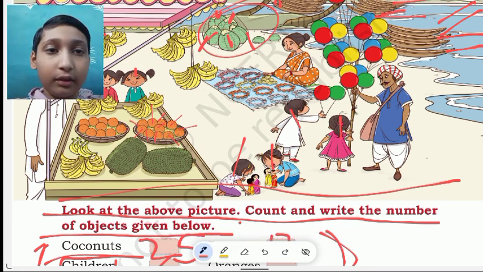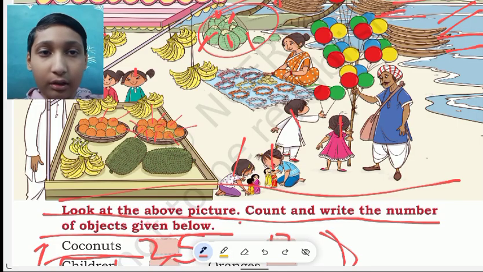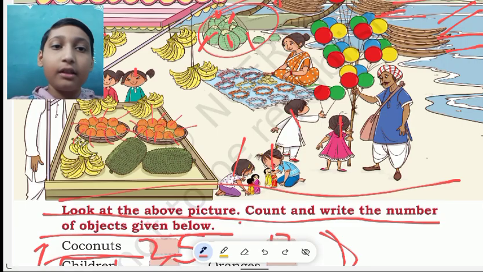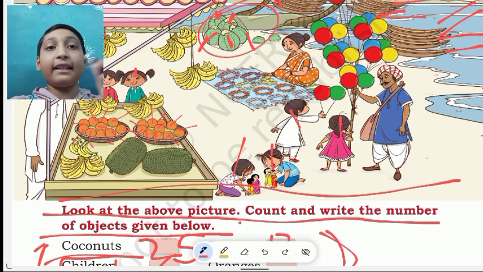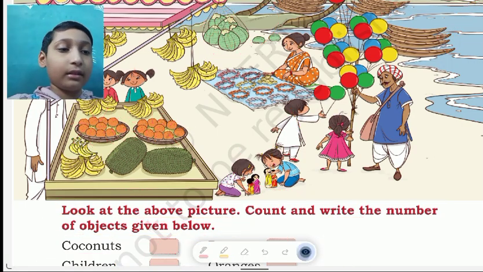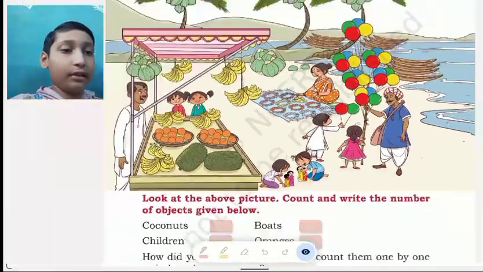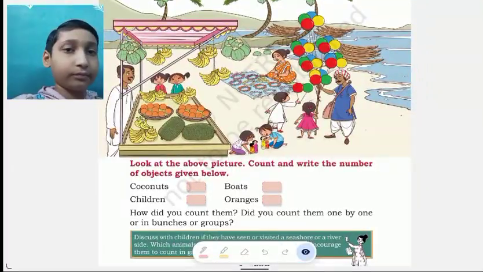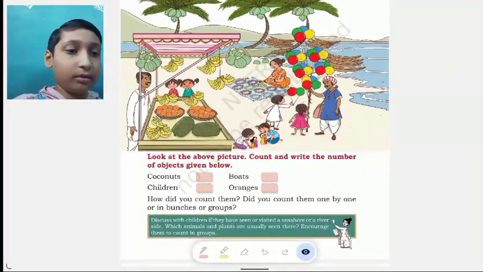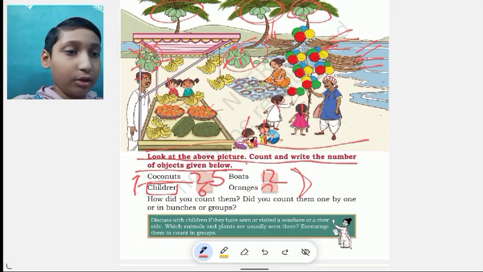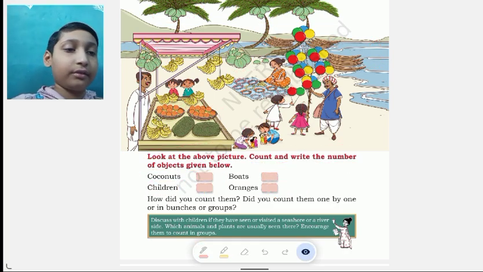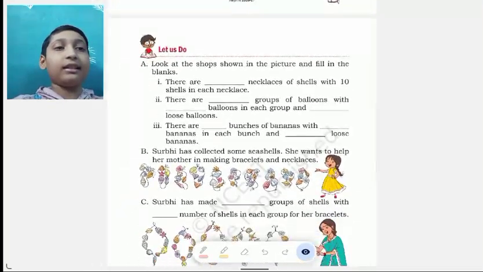Then we got here 1, 2, 3, 4, 5, 6, 7, 8, 9, 10. We got 10 oranges in each basket. So meaning we got 20 oranges. So okay. Next.